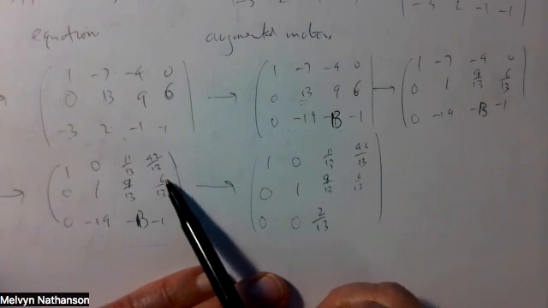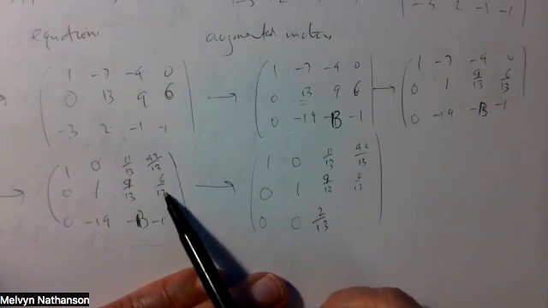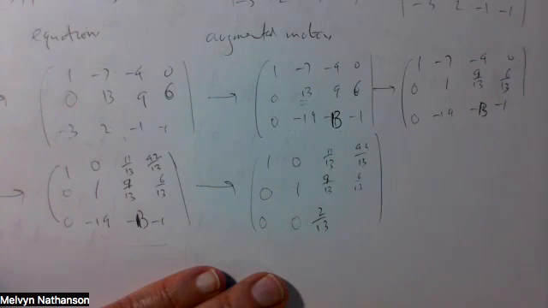And 19 times this, 6 times 19 over 13, minus 1. 6 times 19 is 114 over 13, minus 13. 114 minus 13 is 101.